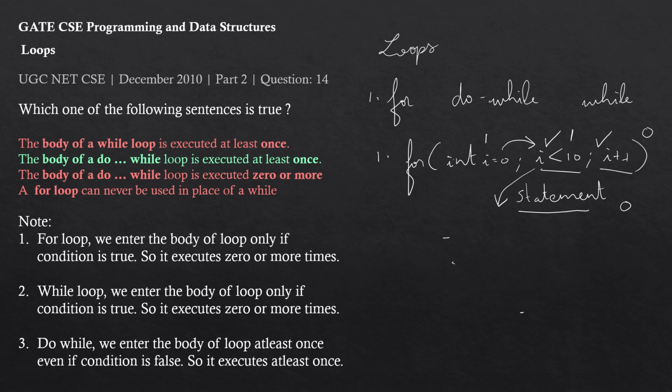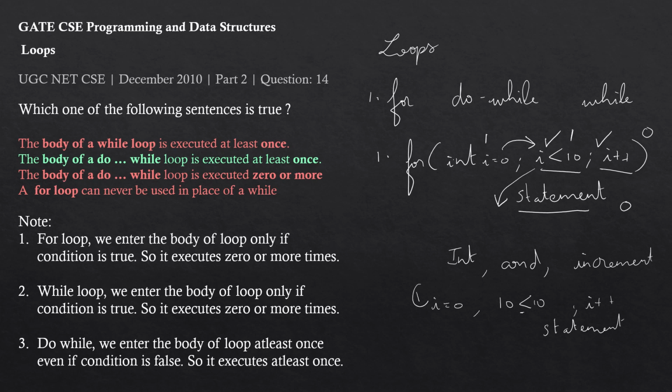Just try to remember a simple example like in the question, right? If you see, they're asking how many times this initialization is happening, how many times the condition is happening, and the increment. Just think of some example. You do one initialization, you give some value, one false condition, and you see how many times it is running.